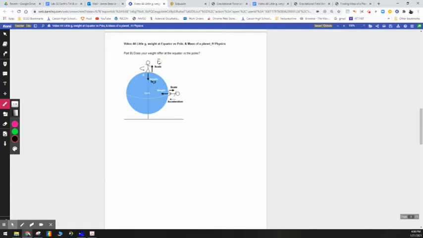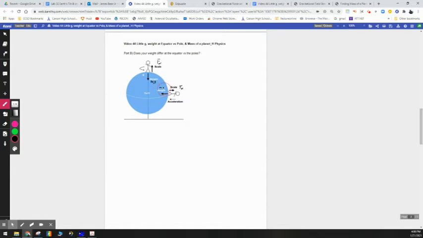Now, when you're at the equator, you have the scale going in this direction, which is the normal force, and it's rotating on this axis right here. So you have weight going in this direction, which is mg right here.